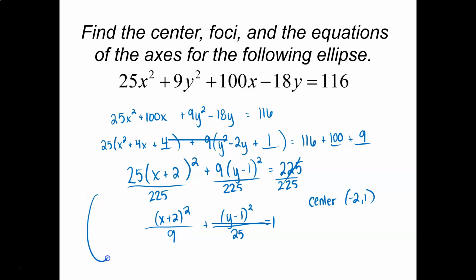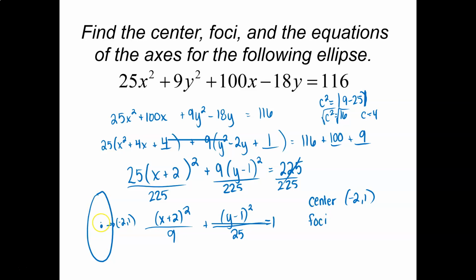This one's going to be tall. Center is at -2, 1. For our foci, we're going to do c squared equals absolute value of 9 minus 25. That is going to give us c squared is 16. So c is 4.